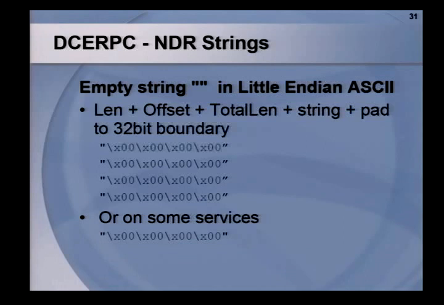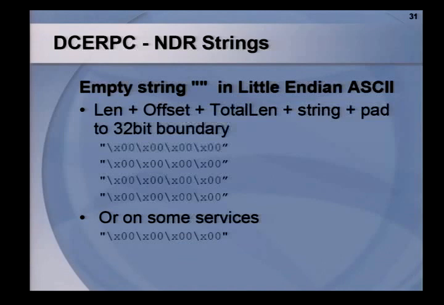So one of the other interesting issues is how you handle sending the empty string. So if you're going to send a null, normally you would think you send a length of 0, then an offset of 0, and the total length of 0, and then the string of 0. Well, if your string is nothing, then to pad it out to the 32-bit boundary, you need 4 bytes of null. A number of the services implement sending null strings this way.